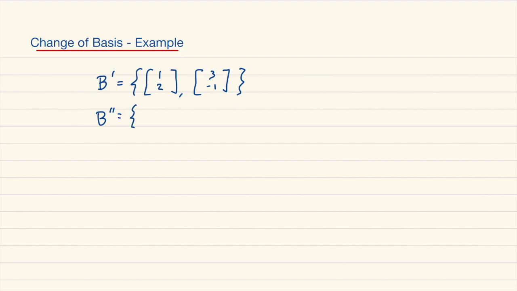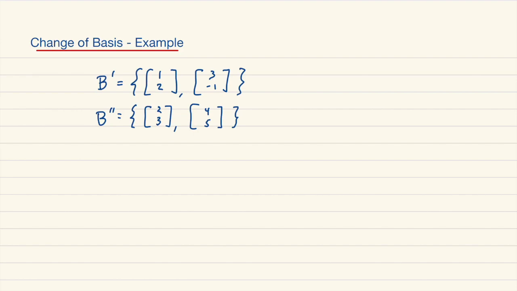The basis B double prime is going to be the basis (2, 3), (4, 5). And again, these are just bases that I made up. They have no special qualities about them at all. The only thing that you'll have to check is that they really are two bases. So that's B prime and B double prime.